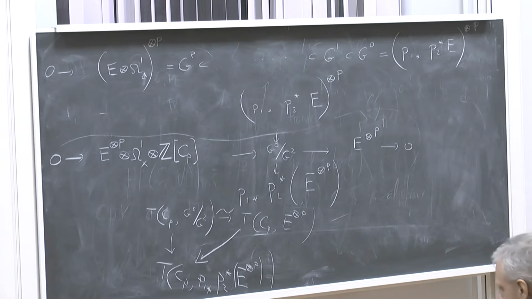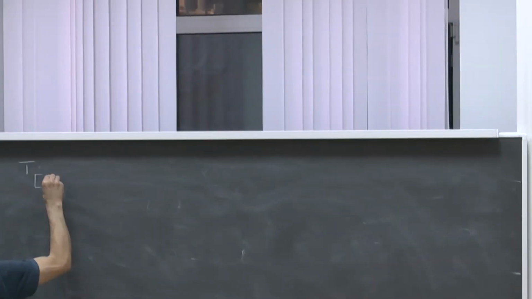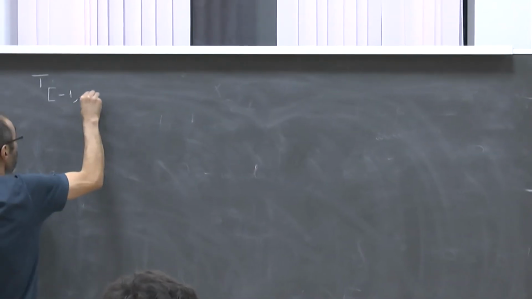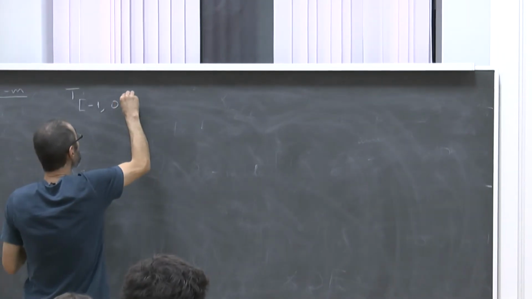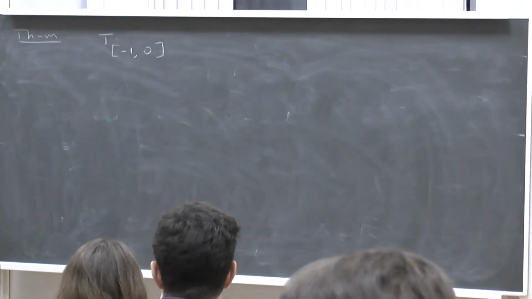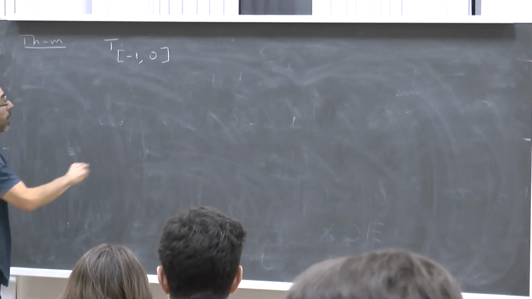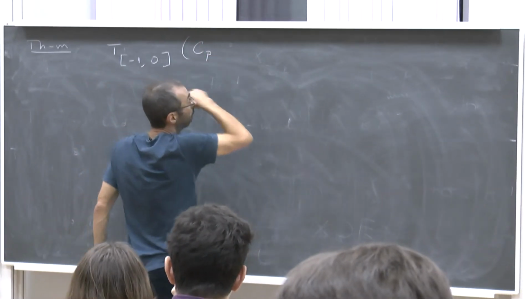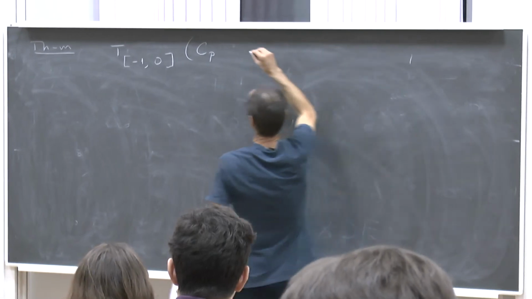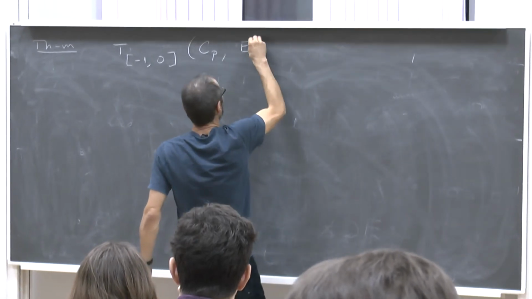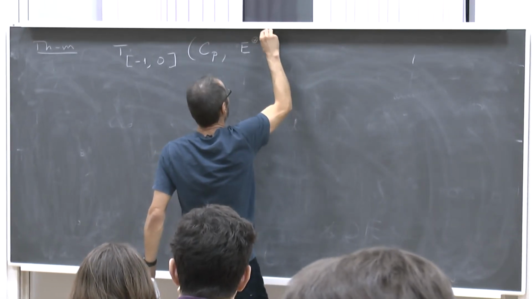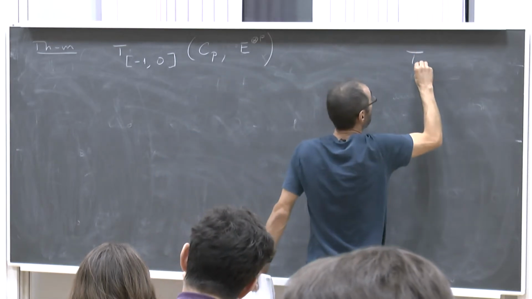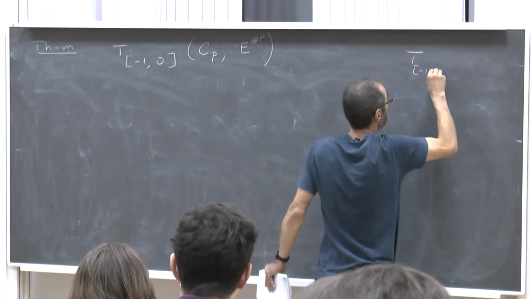So I will compute this connection in the first non-trivial case. And even without connection, that's not quite obvious. So recall that this is an extension here. So this is negative or 0.